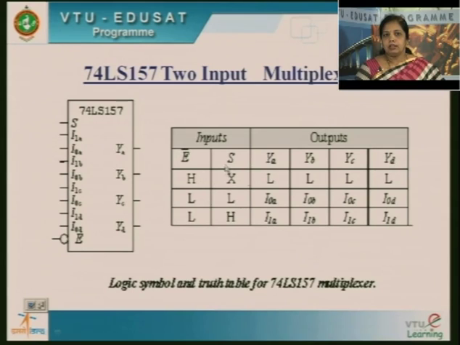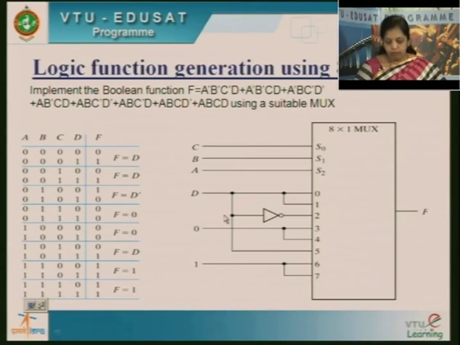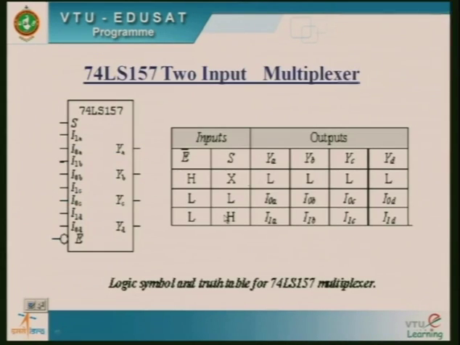So when the selection line is high, you will get another set of outputs. So in this multiplexer we have 2 sets of inputs, and we have 4 outputs. One set of inputs is generated when the selection line is 0.